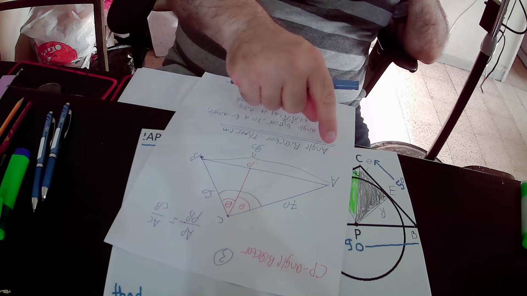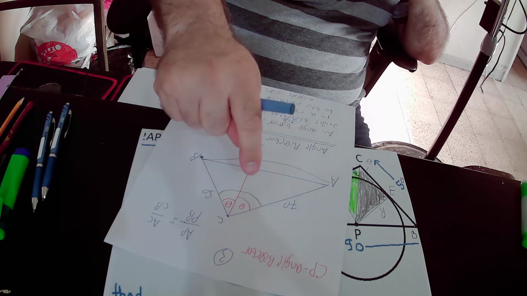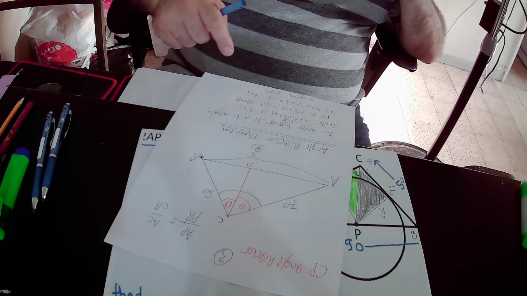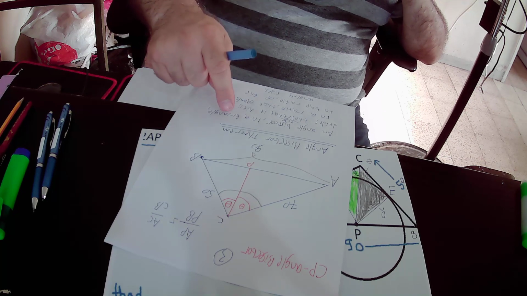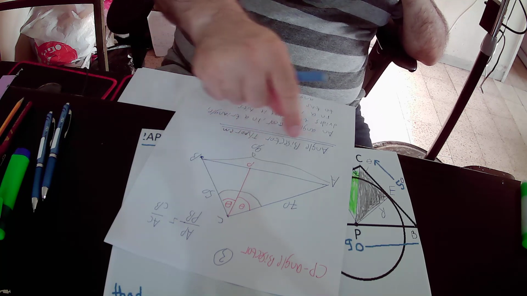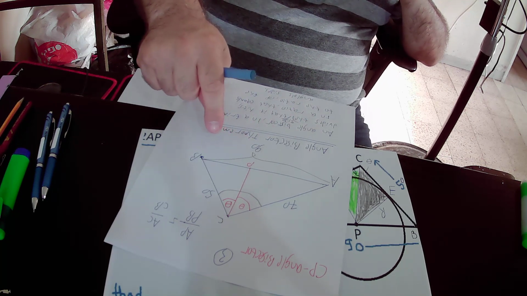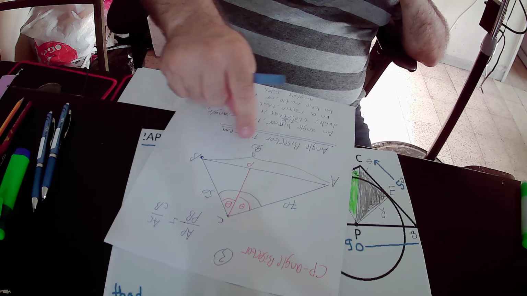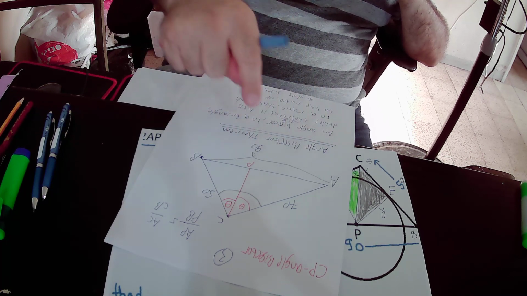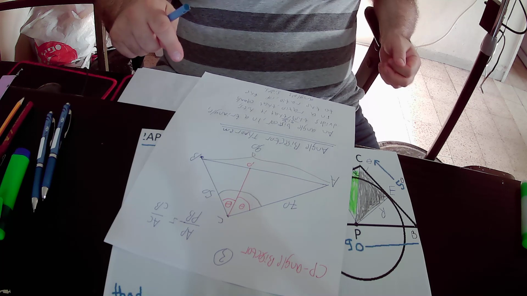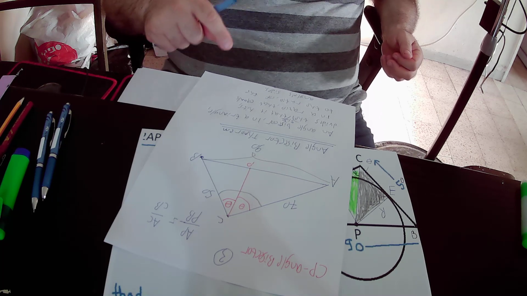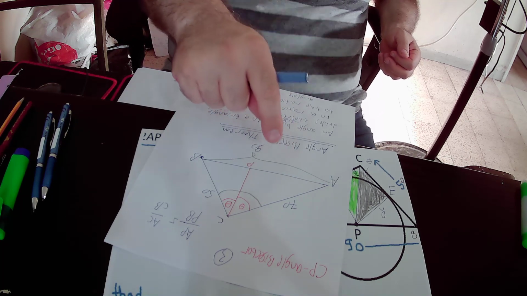So the ratio in which angle bisector CP divides side AB equals the ratio of the angle's sides.